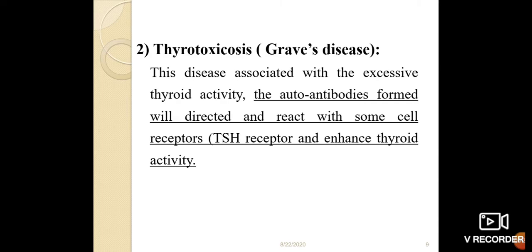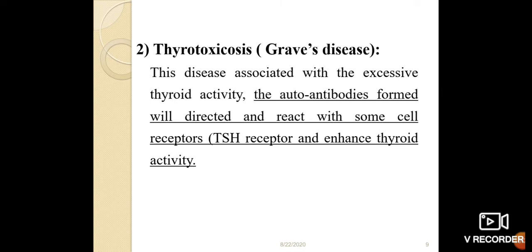In this disease, excessive thyroid activity happens due to production of autoantibody directed to the thyroid stimulating hormone receptors. Binding of this autoantibody with the thyroid stimulating hormone receptor results in overactivation of the thyroid.